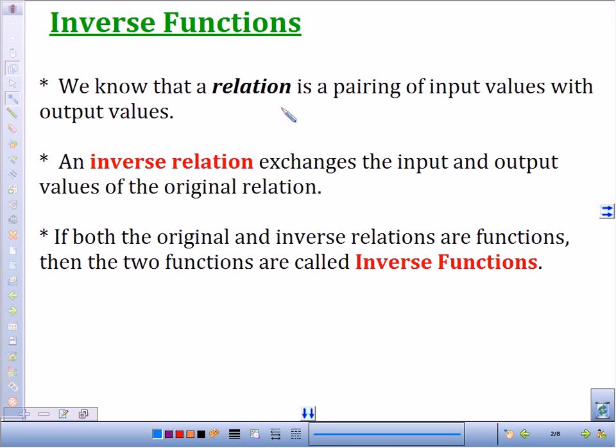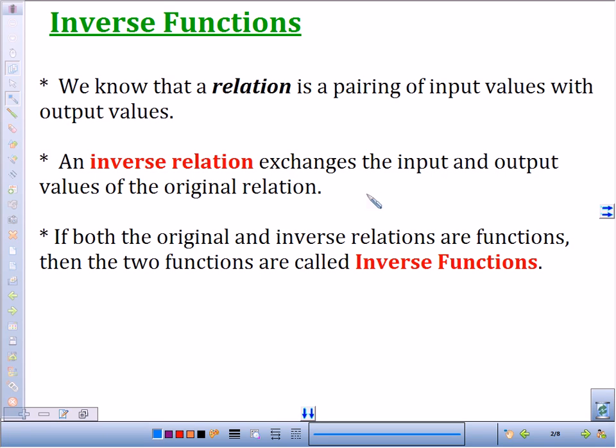An inverse relation exchanges or interchanges the inputs and outputs of the original. So what used to be the output for the original relation is now the input for the inverse relation, and so on and so forth.